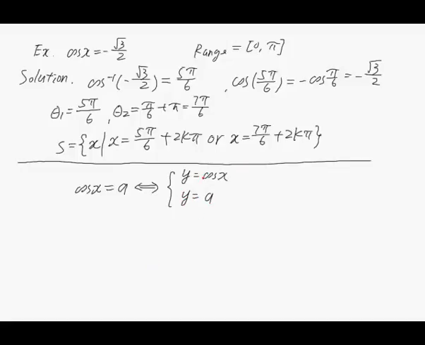When you subtract these two equations, you just get cosine x equal to a. So this one and the system of equations have the same solution set. They are equivalent to each other. So now let's draw the graph of the cosine.